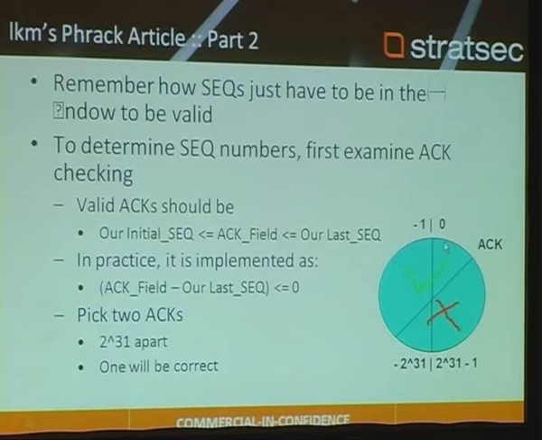When you map this on the circle of numbers this expression can be, you get this line right across the number space, showing that half of them are good values, the other half aren't. So if you pick any two numbers that are 2 to the 31 apart, one of them will be correct, because they're going to be on opposite sides of this circle of numbers.